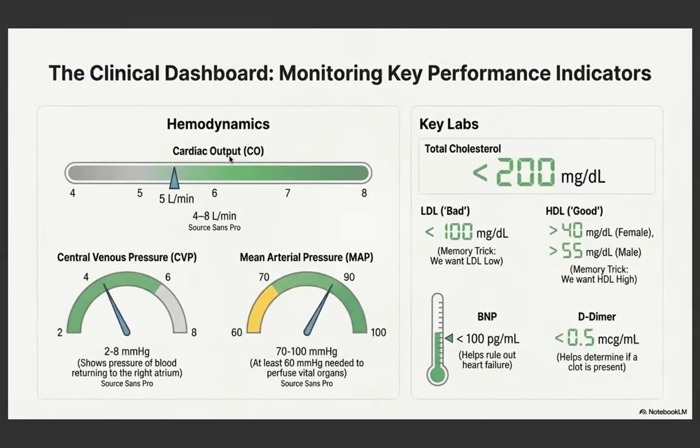All right, so hemodynamics, remember, this is a little bit more of a visual thing, but for our hemodynamics, 4 to 8 liters is going to be normal for cardiac output. And then we have our central venous pressure. So it's the actual amount of pressure in that vasculature, and the amount of pressure of blood returning to the right atrium is specifically what we're talking about when we're talking about central venous pressure.